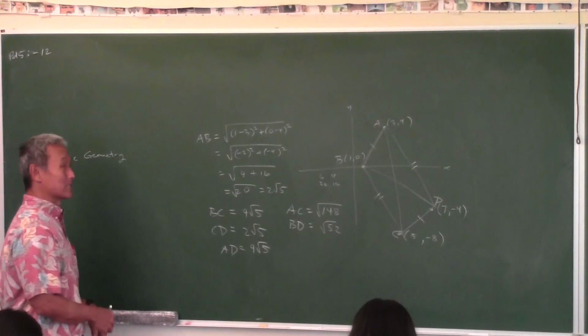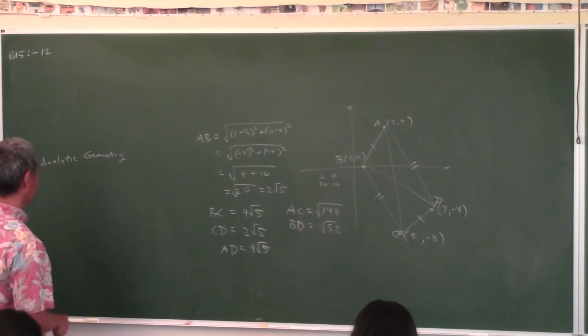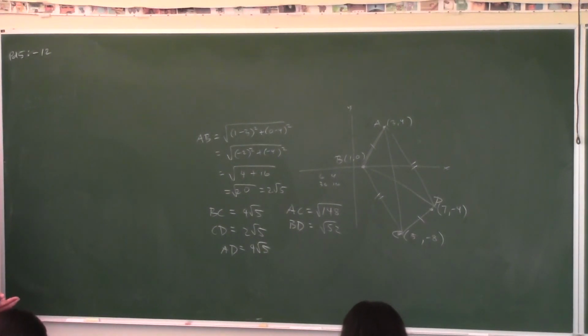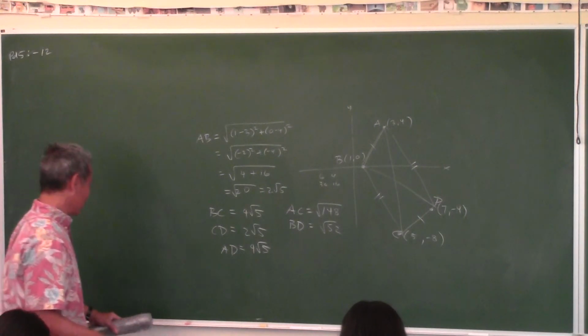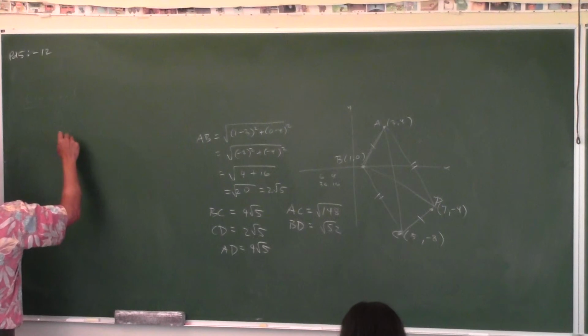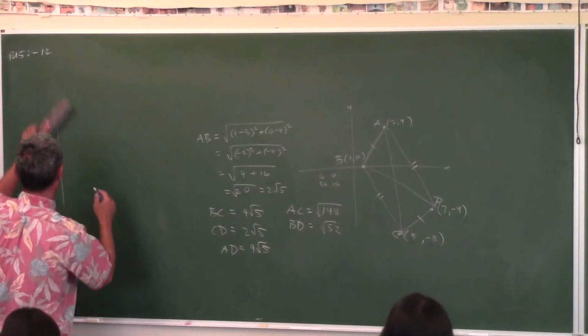Okay, we only got 6 minutes left. Now tonight's homework, you get to use your graphing calculator. You guys have it? Okay, now, right now, the only thing you guys know how to do with your graphing calculator is add, subtract, and play games, right? Let's turn it on. Okay, so let's do this.